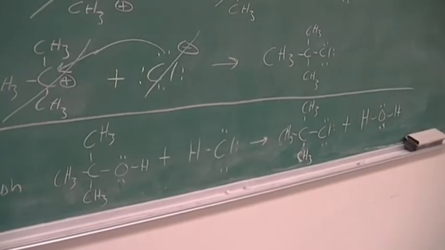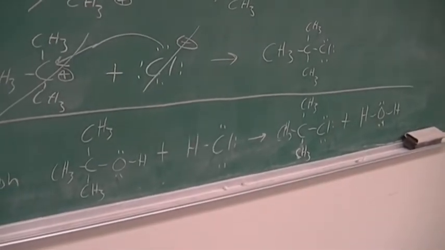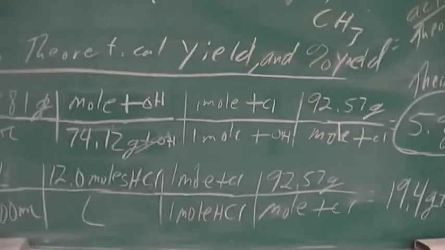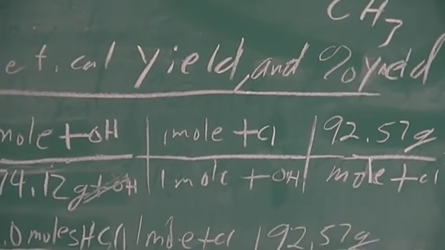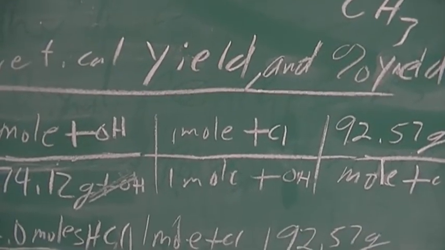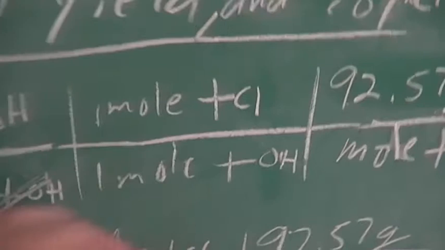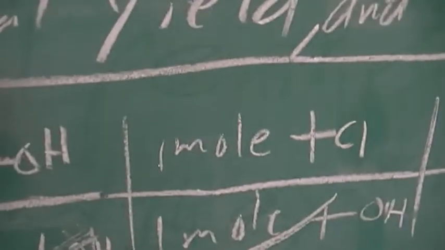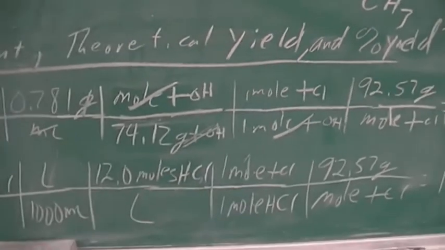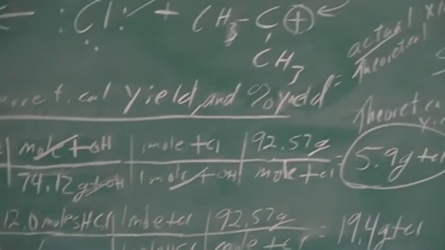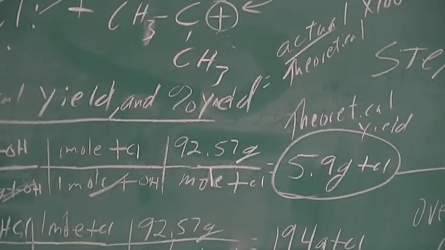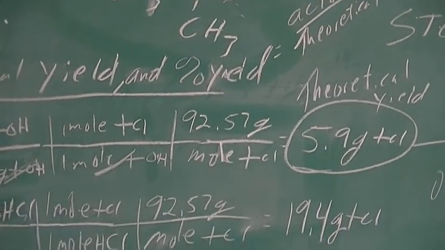Then from my overall balanced chemical reaction, everything here is a 1-to-1 molar ratio. And so I have 1 mole of T-butyl chloride made from 1 mole of T-butyl alcohol. So the moles of T-butyl alcohol will cancel. And then I have the molar mass of my T-butyl chloride, which is 92.57.